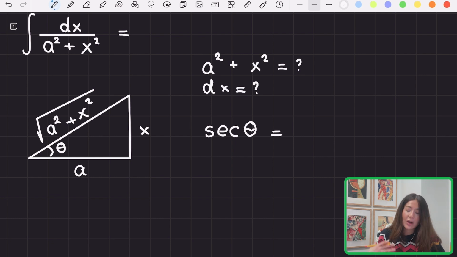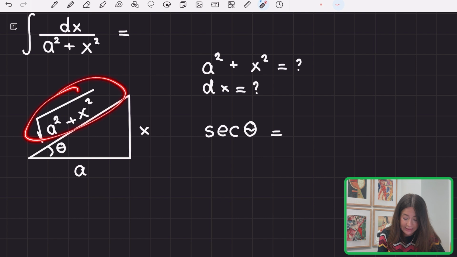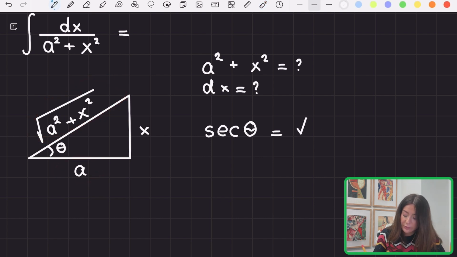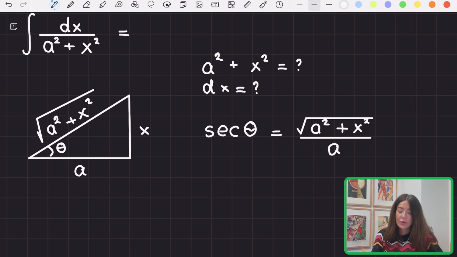And secant theta always equals hypotenuse over adjacent, but in this case, it equals the square root over a. So now you can simply square both sides.